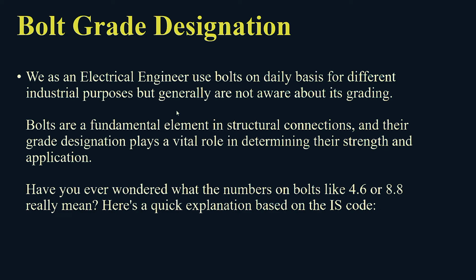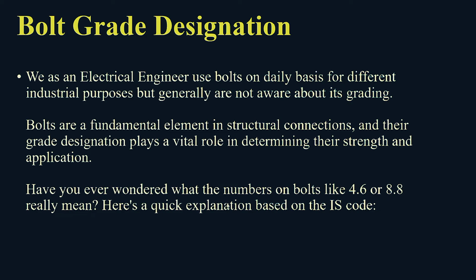Bolts are fundamental elements in structural connections, and their grade designation plays a vital role in determining their strength and applications. Have you ever wondered what the numbers on a bolt like 4.6 or 8.8 really mean?